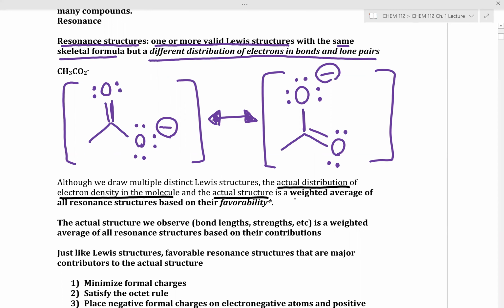Instead, the actual structure is best thought of as a weighted average of all resonance structures based on their favorability and overall stability. So these two structures are not just interconverting. These are just pictures for us to get a sense of how electron density can be distributed. In reality, the actual structure of our molecule is somewhere in between these resonance structures.